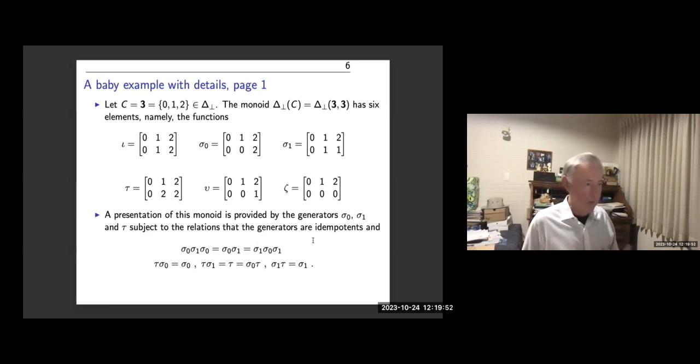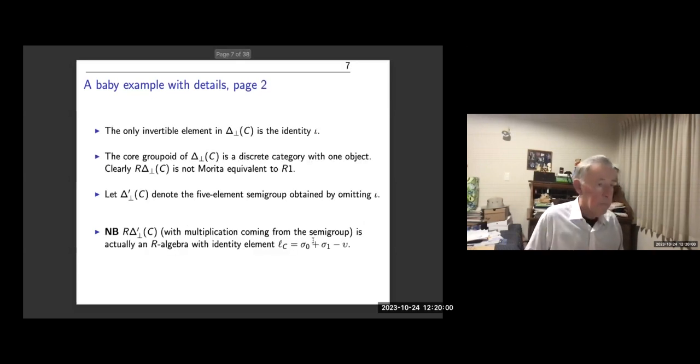And this is only a monoid, remember, it's not a group. We're generating a monoid out of those conditions. So the only invertible element in here is the identity. So we've only got a one object, one element groupoid. And the core groupoid of this thing is a discrete category with one object.